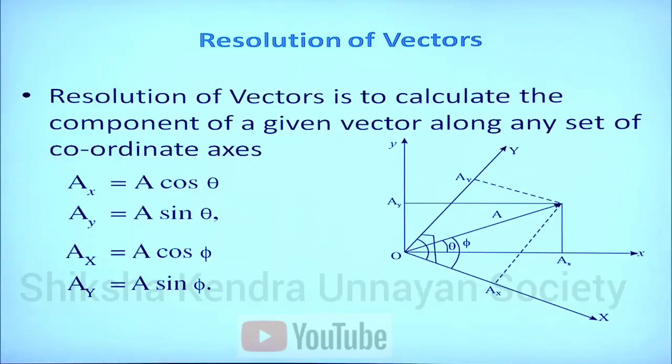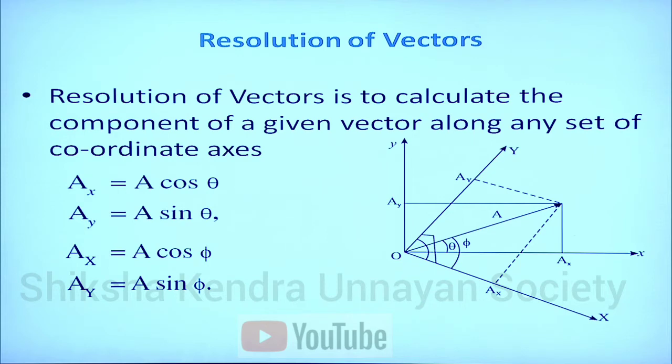Now, what is resolution of vectors? As we are studying addition of vectors, when two vectors are added, we get the resultant vector. But in case of resolution of vectors, we divide a vector into its components. So, resolution of a vector is to calculate the components of a given vector along any set of coordinate axes.